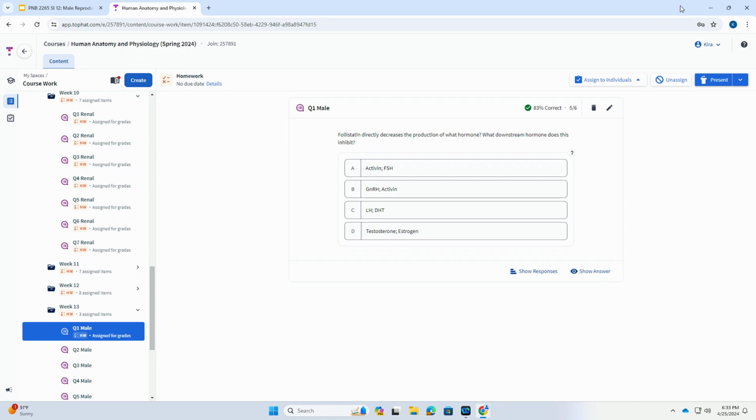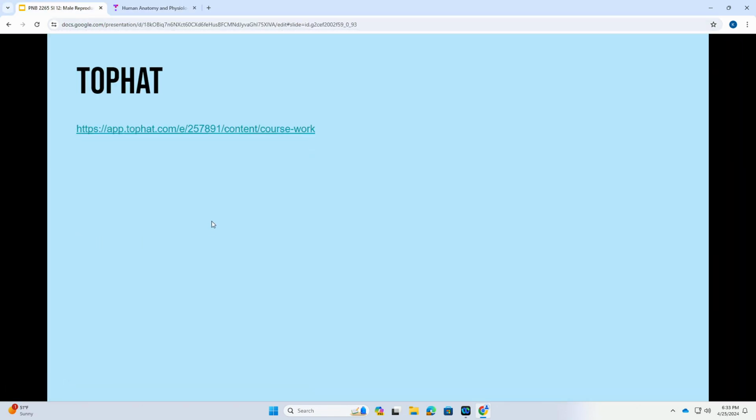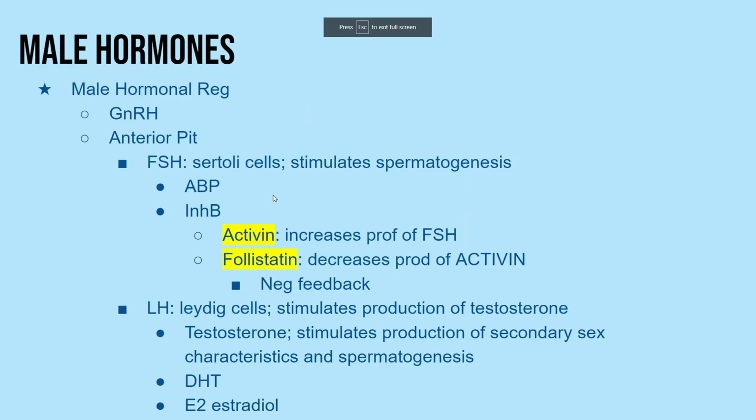Okay, let's see what we got. So if we go back to this slide, follistatin is the one that decreases production of activin, which then indirectly decreases production of FSH.